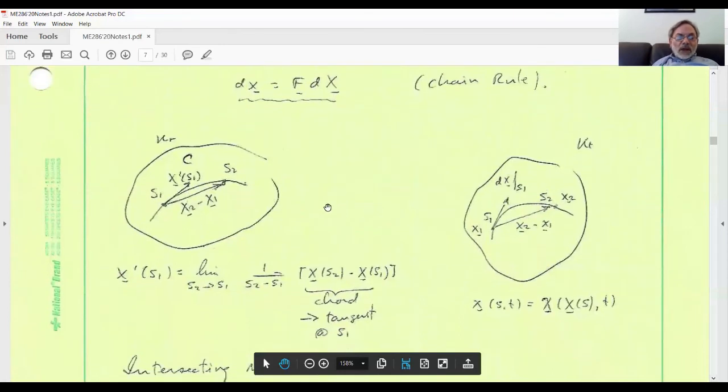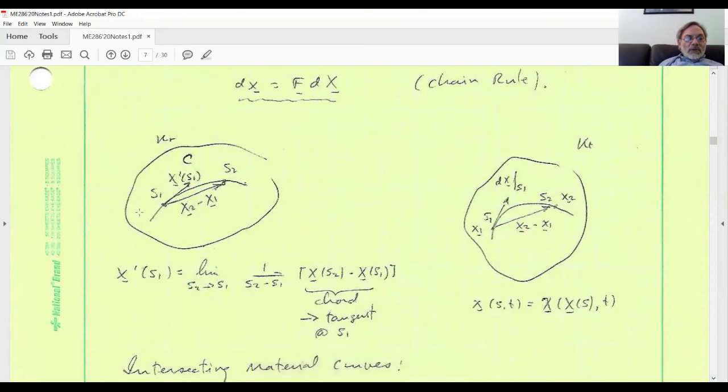Something to be mindful of in terms of the geometric interpretation, in our reference configuration, to obtain this result we just had, we formed a difference, X2 minus X1. That's the chord along the curve connecting the points X1 and X2. And then we computed the derivative of the parametric representation in this way.